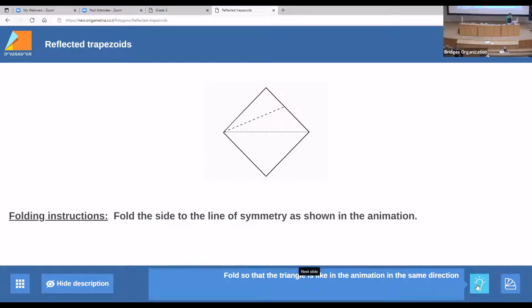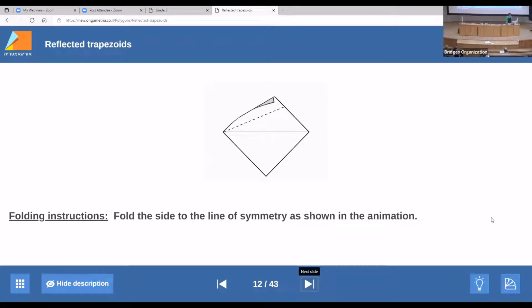So I tell the teacher, make sure the student folds it in the right direction. If I move the mouse, it disappears, okay? If the teacher puts her mark, she will see it on the other side.